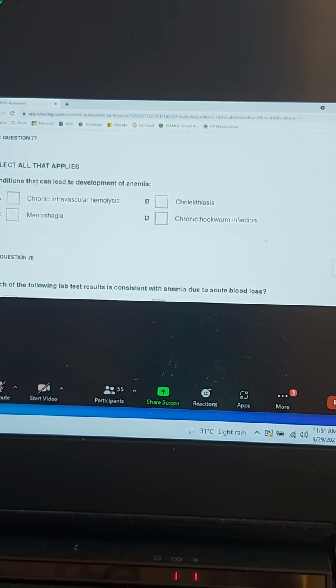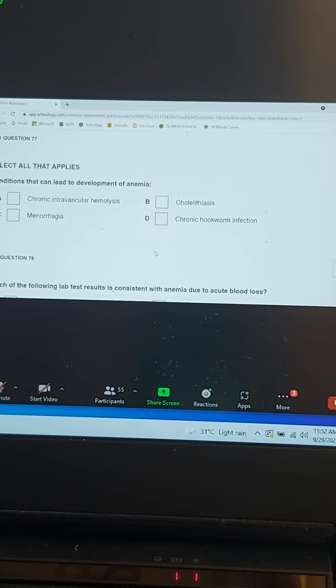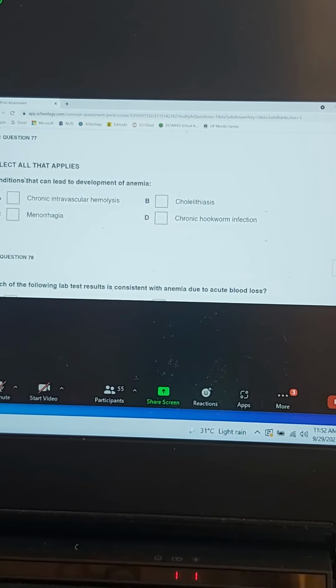77. Conditions that can lead to the development of anemia. Ano daw yung mga conditions dito that causes or that can lead to development of anemia? Ang chronic intravascular hemolysis can lead to anemia ba?